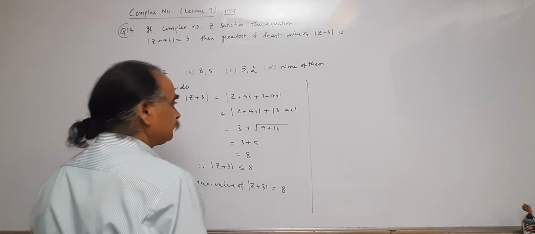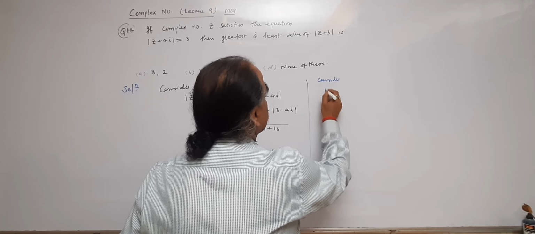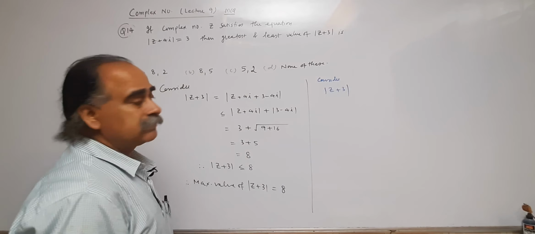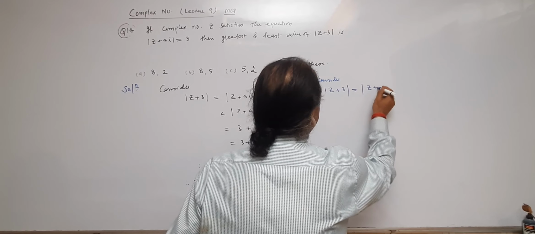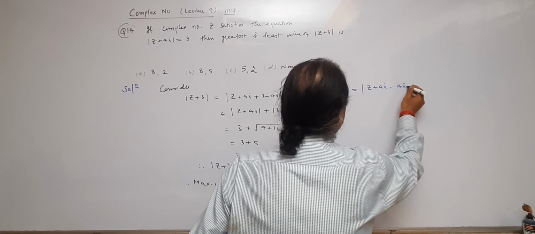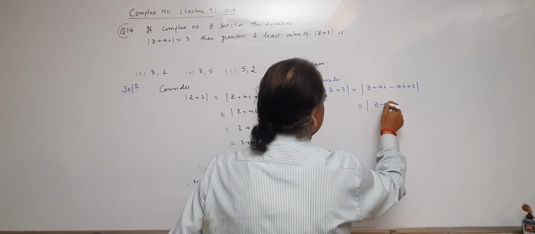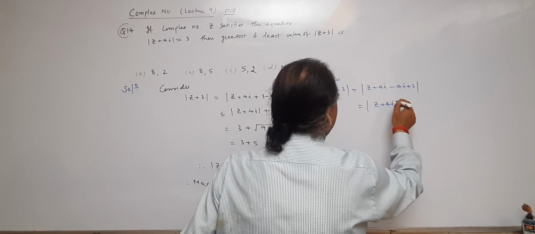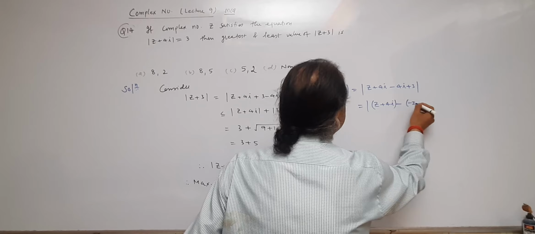Now consider mod z plus 3. We have to find its minimum value. For that, see here. Z plus 4i minus 4i plus 3, that is z plus 4i minus common, minus 3 plus 4i.